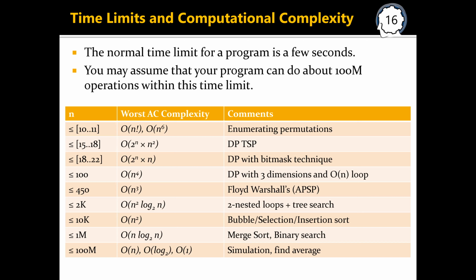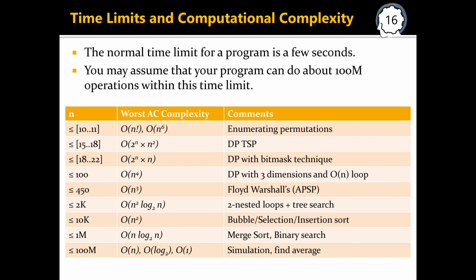If we have slightly larger problems, with still relatively few elements, 15 to 18, then we can do dynamic programming, such as traveling salesman. We can have an exponential term, 2 to the power n, and we can do this n squared times. So basically having a 2-dimensional matrix, and for filling in each cell, we can then spend exponential time.